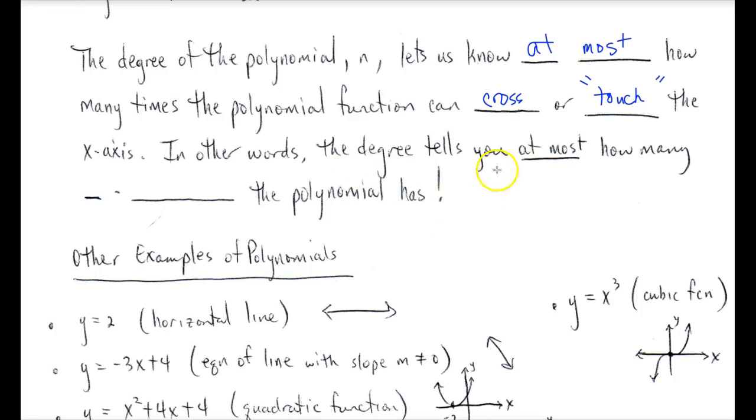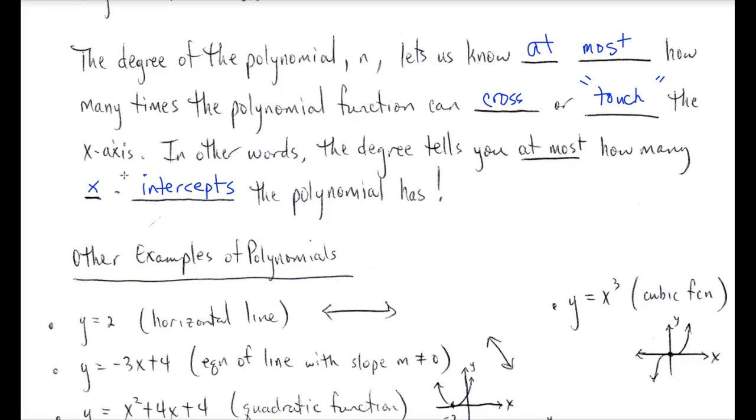Put another way, the degree tells you at most how many x-intercepts the polynomial function has. When we say x-intercepts, we mean the locations of where your function can cross or touch the x-axis.